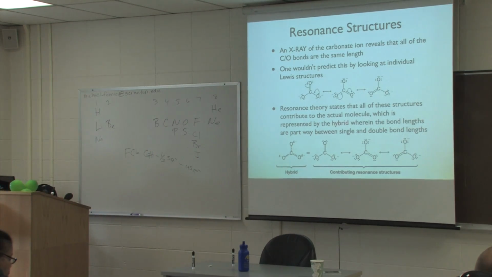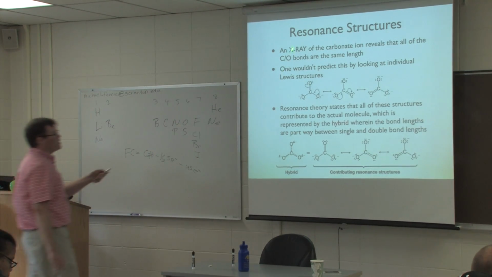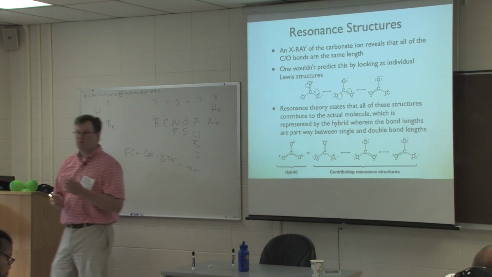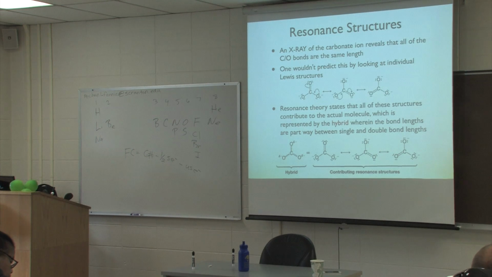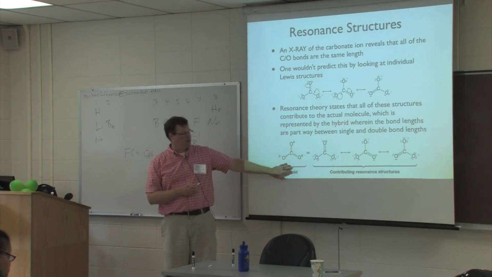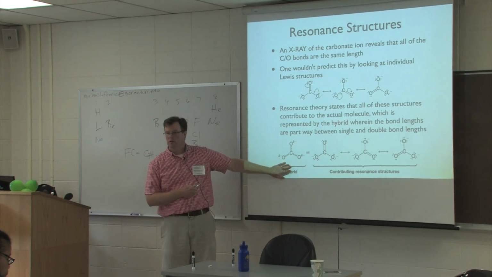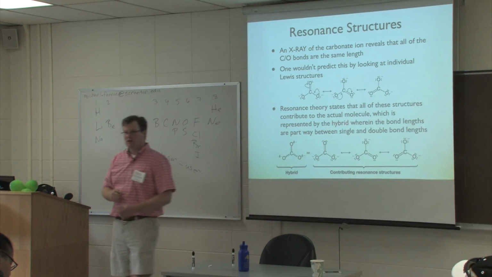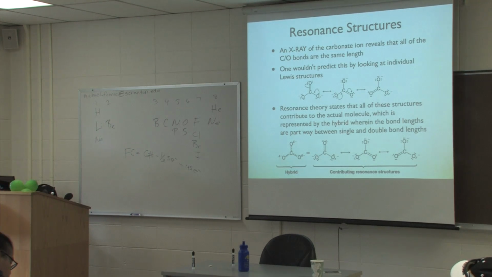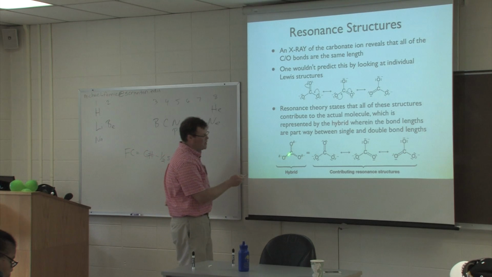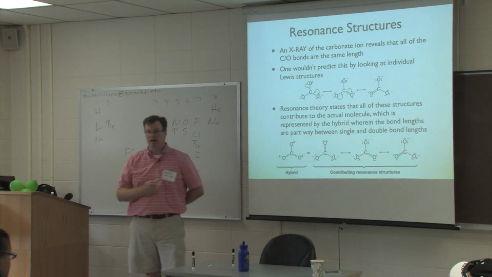But we don't see that. So we say that these are resonance structures that are imperfect depictions of what this molecule actually looks like. And we say that the actual molecule is going to be better represented by what we call a hybrid structure. This hybrid structure doesn't have single bonds or double bonds in it. It has bonds that are of intermediate length between a single bond and a double bond.